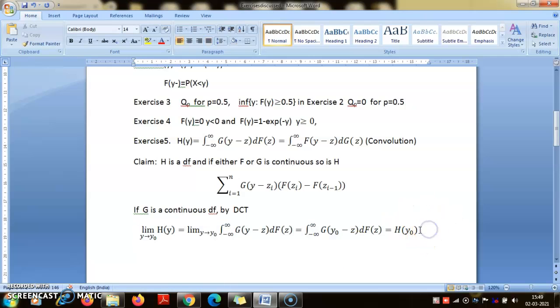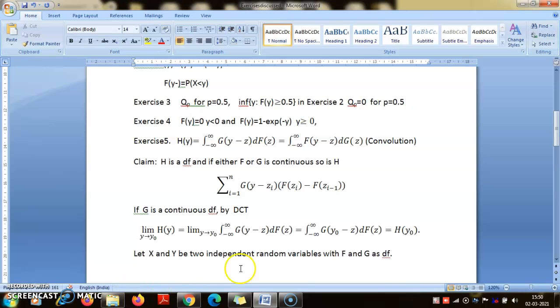And now here is a very important fact. Let X and Y be two independent random variables with F and G as distribution functions.